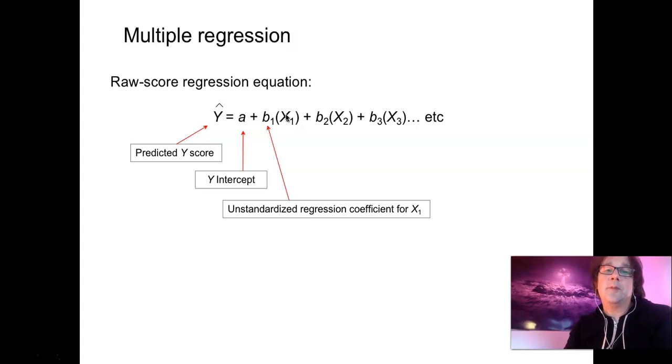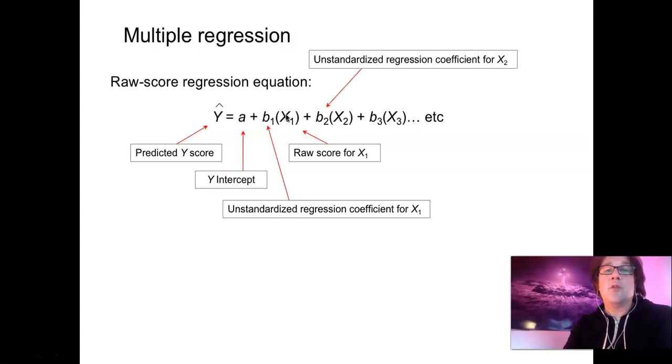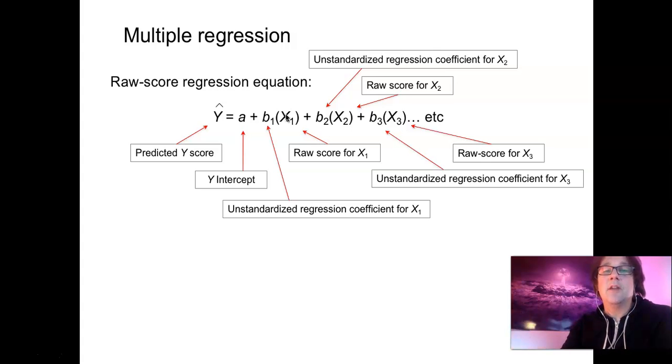It's just the slope for our first predictor. x1 is just our raw score for our first predictor variable, and the same goes for any other predictors that we add into the model.